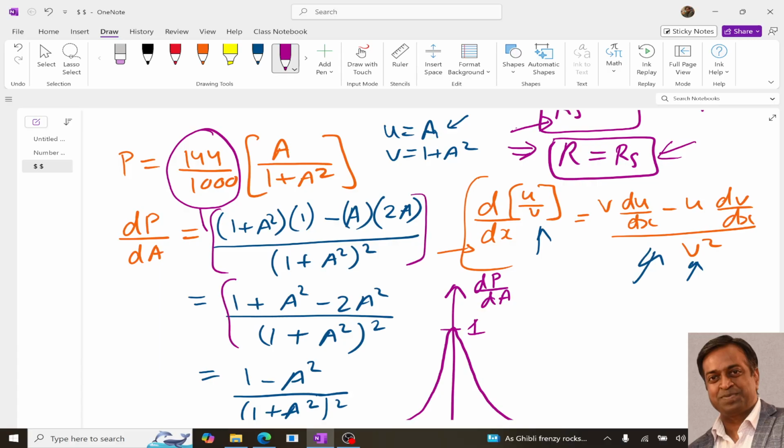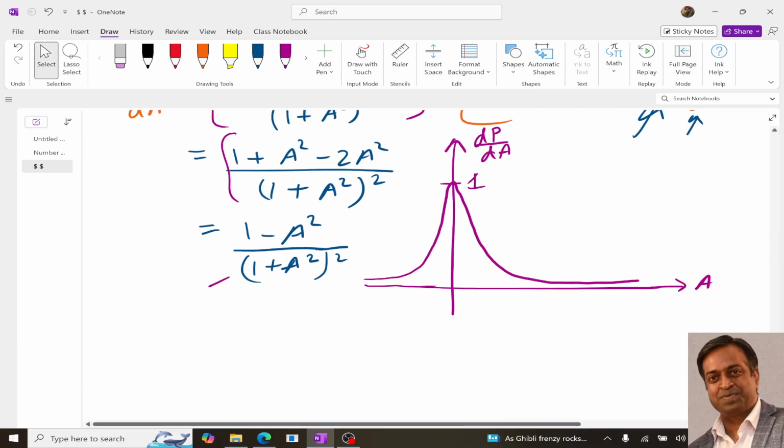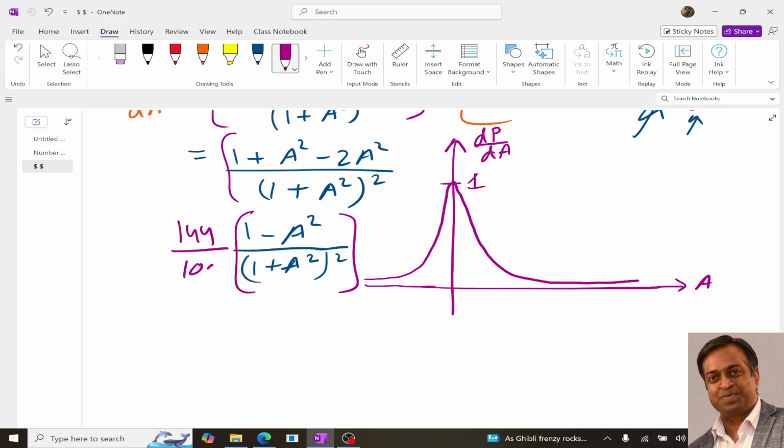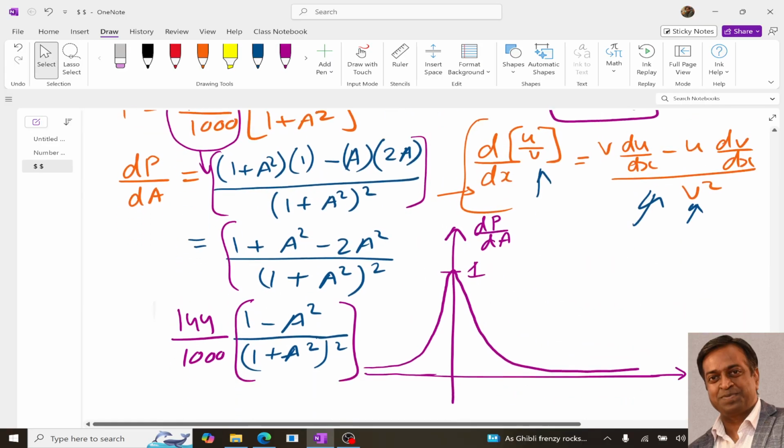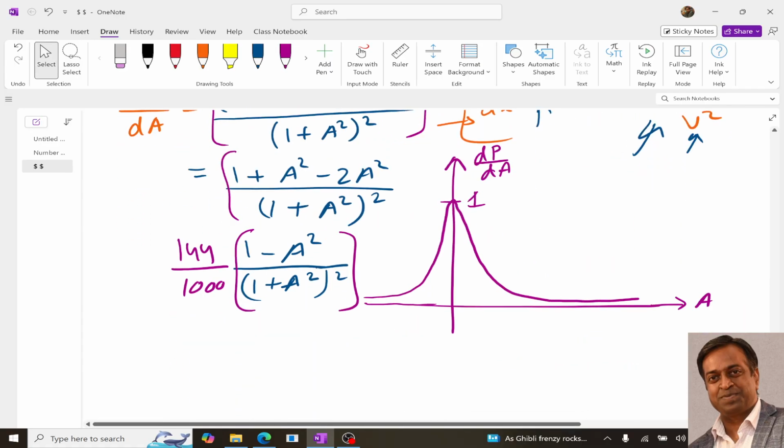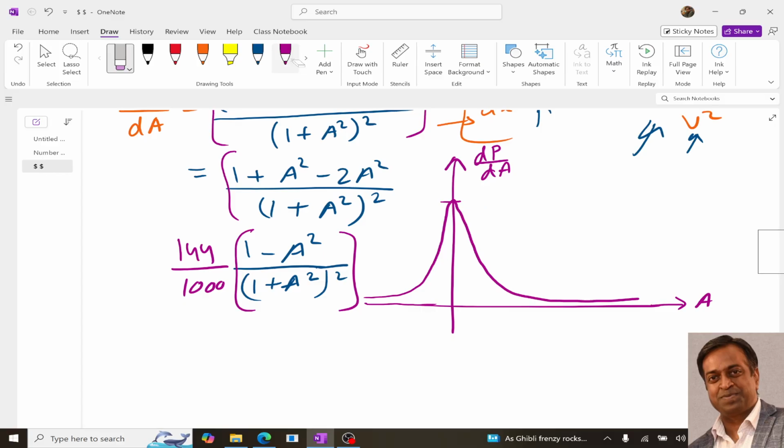So our expression over here is not 1, it is 144 upon 1000. So the peak value will be 144 upon 1000, right?